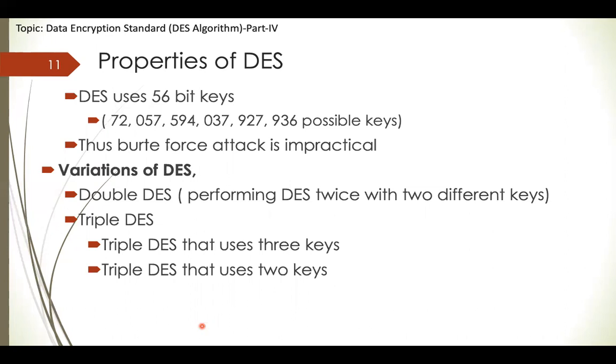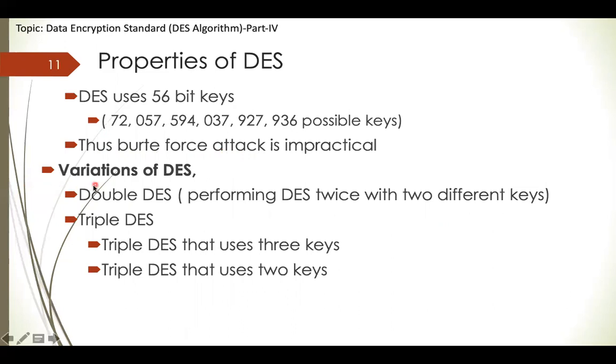These are the possible number of keys which can be generated. You can guess from this number that if an attacker or intruder applies a brute force attack, it will be impractical to recover the value encrypted by DES.